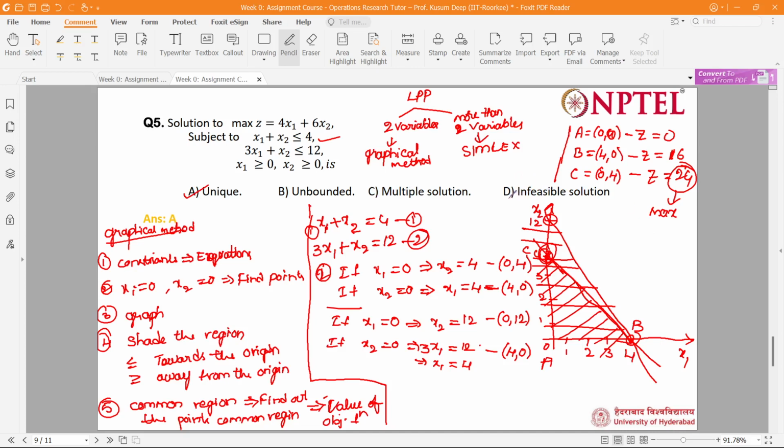And infeasible solution means if we don't find a common region, then that is an infeasible solution. Ours is a unique solution, and the optimal value of z is 24, which is attained at the point 0, 4, that is x1 0 and x2 4. Those are the values of the decision variables.